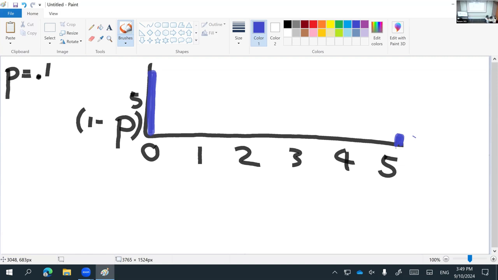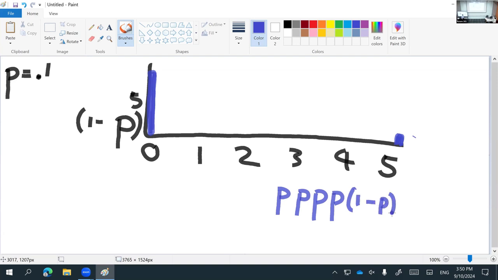Now, here's the tricky part. What's the probability I'm going to sell 4 houses? Well, write it out. I'm going to sell the first house, second house, third house, fourth house, and then the 5th house I don't sell.